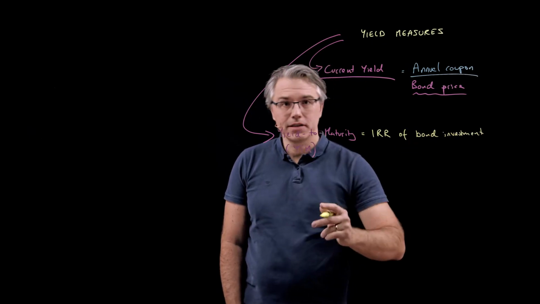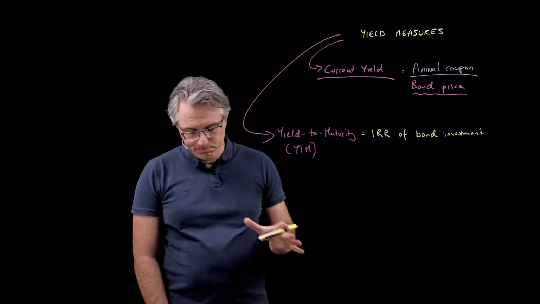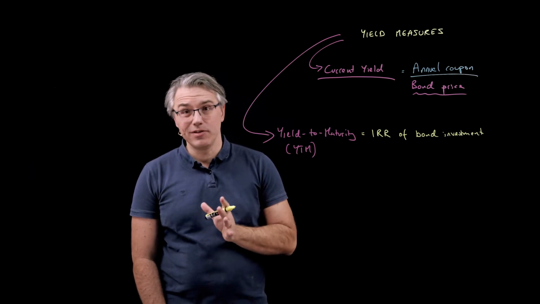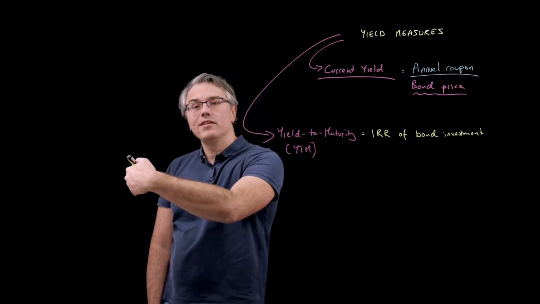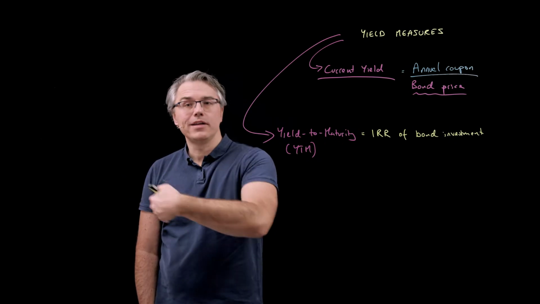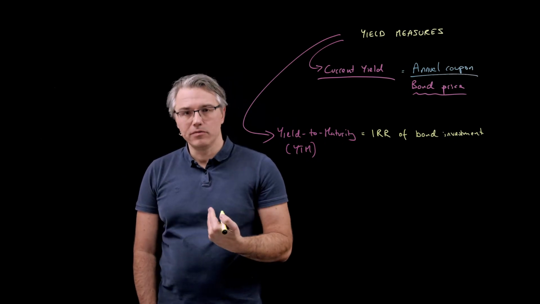But very critically, assuming that it is held until maturity, so you go all the way to receive on the maturity date the full principal value of the bond back.